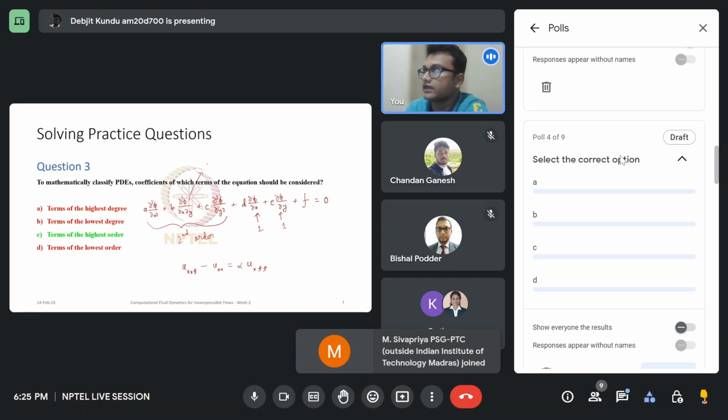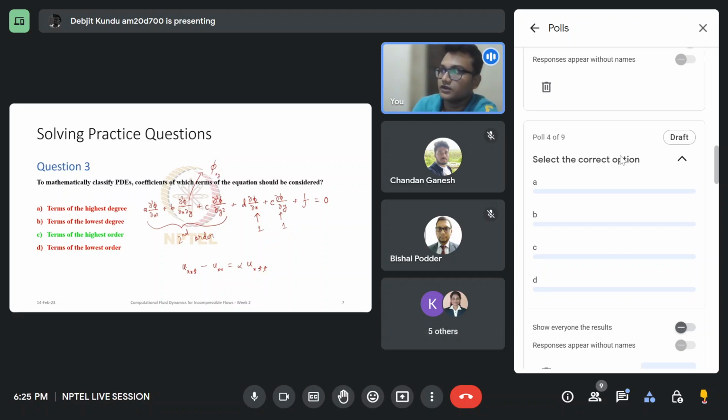So this one I can write as phi suffix xy. Here also u suffix xxt means ∂³u/∂x²∂t. Similarly, all these also.